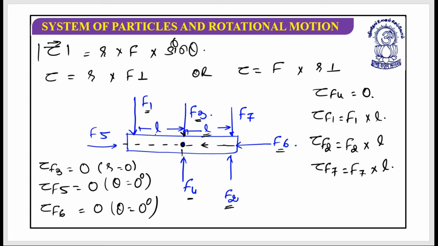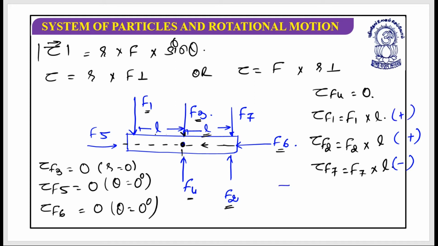If you observe carefully, it will be moving in the clockwise direction, and that means the torque due to this force is negative. Now torque due to F2: this is moving in the anti-clockwise direction, so this should be positive. Torque due to F1: it is moving in the anti-clockwise direction, so you need to add this.